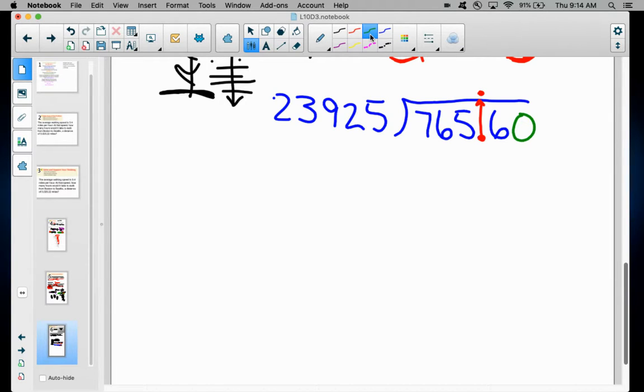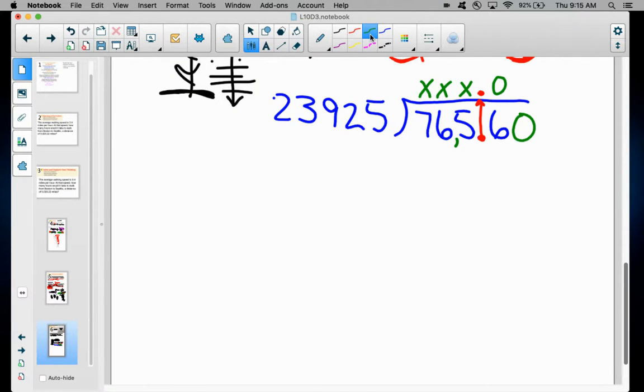Now we have the number 76,560 if you're ignoring the decimal point. So we have to put a 0 here, and we just stuck the decimal point up in the quotient so that we don't mess up our place values.